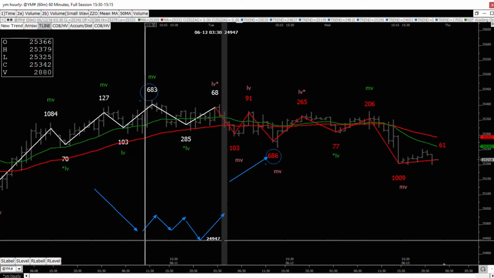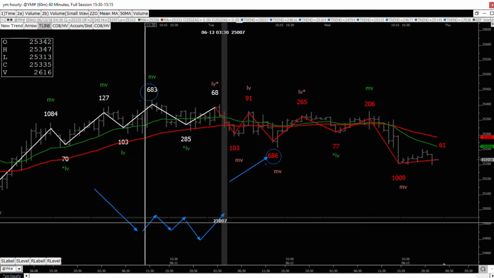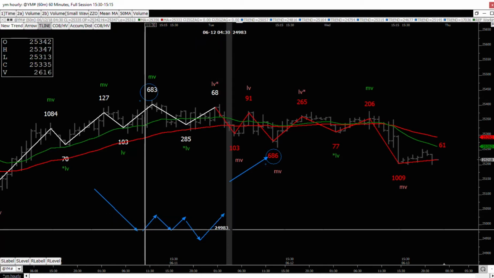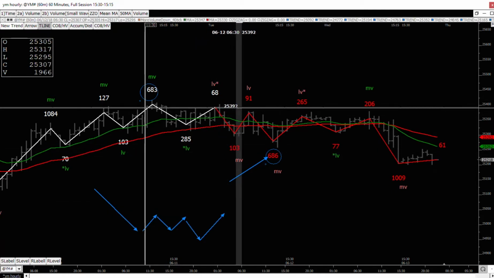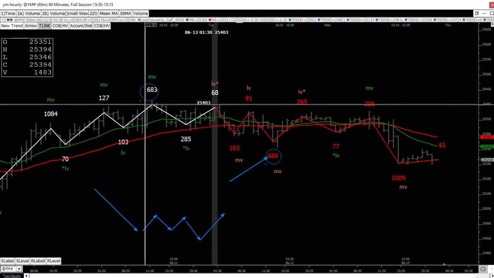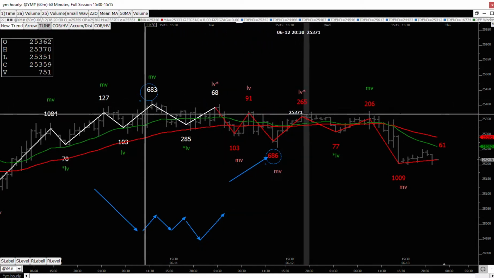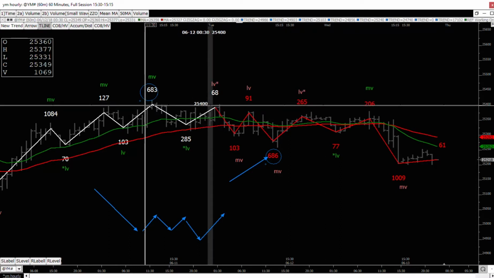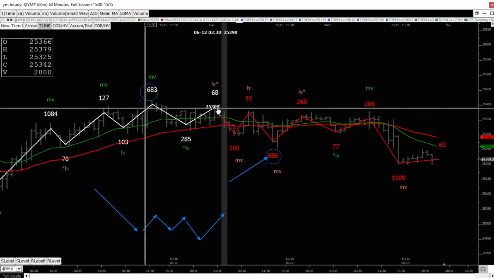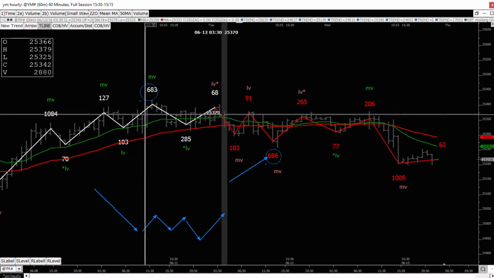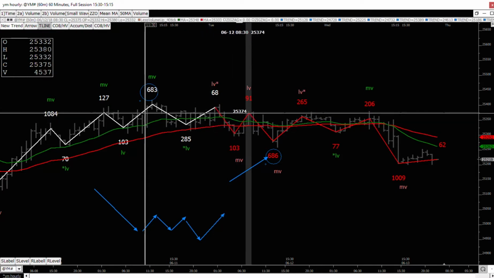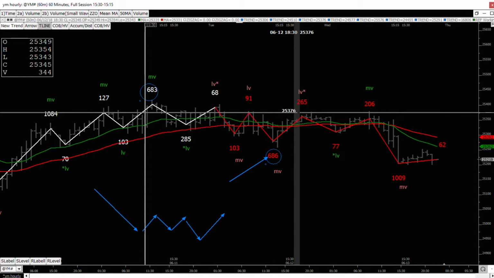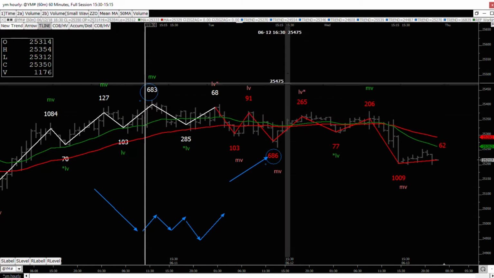So the stop has to be above the rally, not the consolidation. The stop has to be up here above the down rally. It cannot be anywhere in the consolidation, because the consolidation is game for an upthrust.